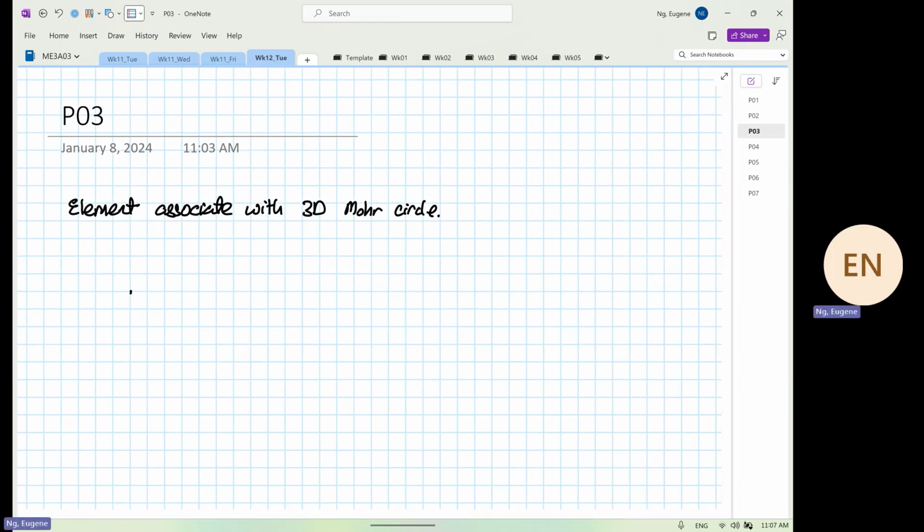So if we look at the element, X, Y, and Z, the element will always look like this.